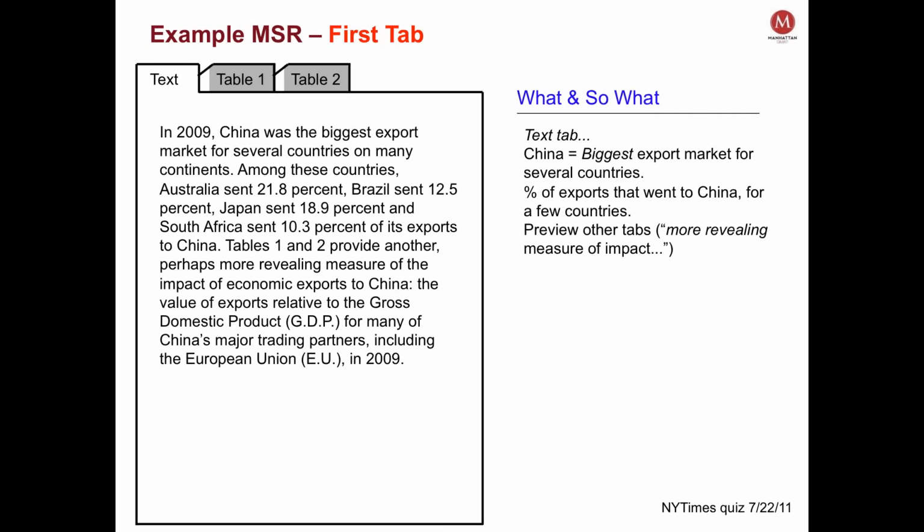I pull something from this right away. I know that China is the biggest export market for a bunch of countries, and there's a list of countries. They also tell me that there's additional, more revealing data. So I'm already thinking, this other data is probably going to be about some of these countries that they mention, and things like the GDP, value of exports.